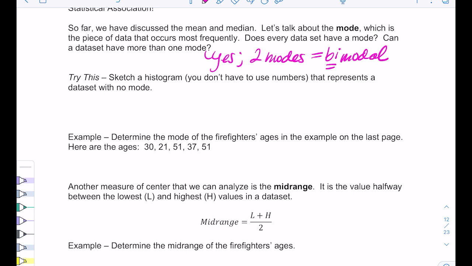Can you sketch a histogram that represents a data set with no mode? So try to visualize that. I'll give you some time. So pause, try to sketch a histogram, and then unpause when you're ready to discuss. Remember, in a histogram there are peaks in the graph.